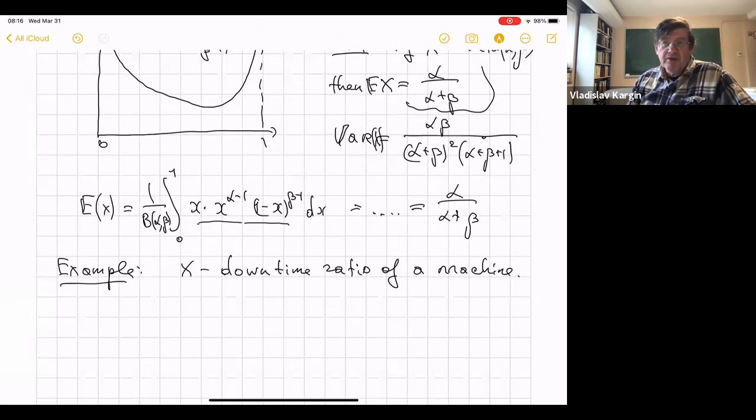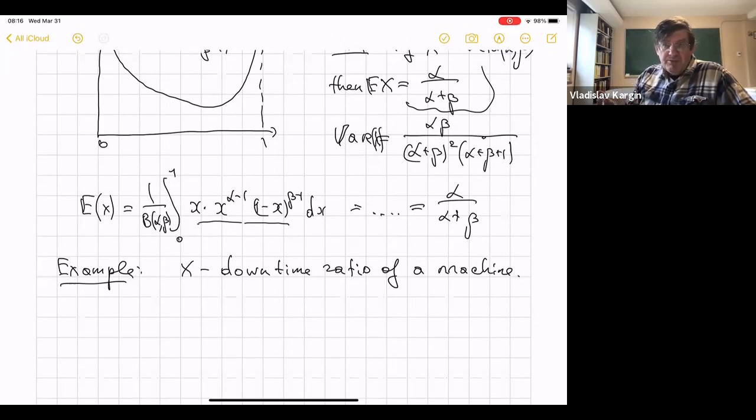It's a ratio that the machine doesn't work because it's broken. Since it's a ratio, it's a percentage of the time when the machine doesn't work.